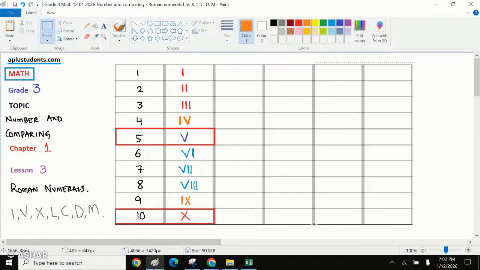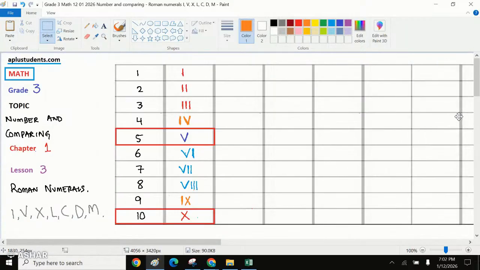Let me copy one more grid so that we have it for the remaining numbers. Now let's look at 11, 12, 13, 14, and so on: 11, 12, 13, 14, 15, 16, 17, 18, 19, and 20.